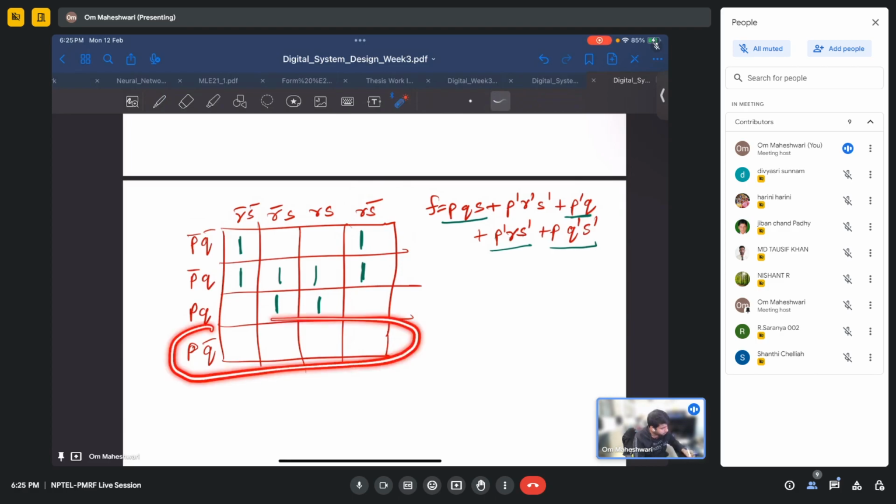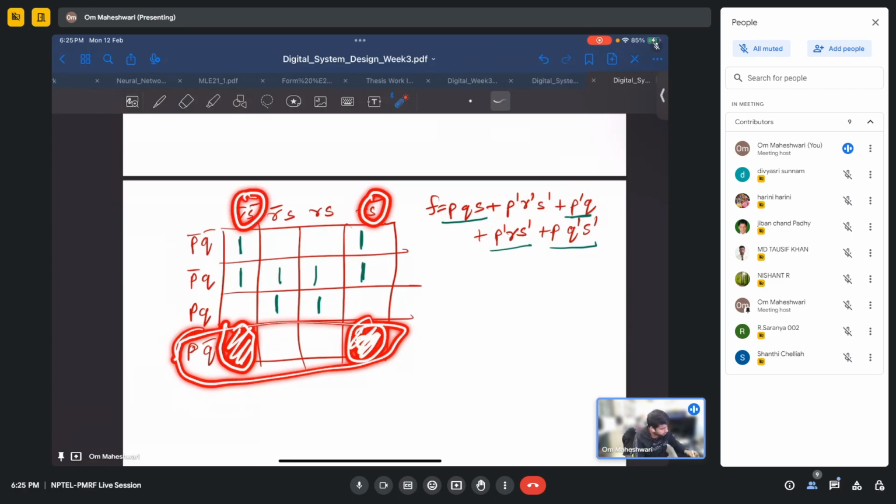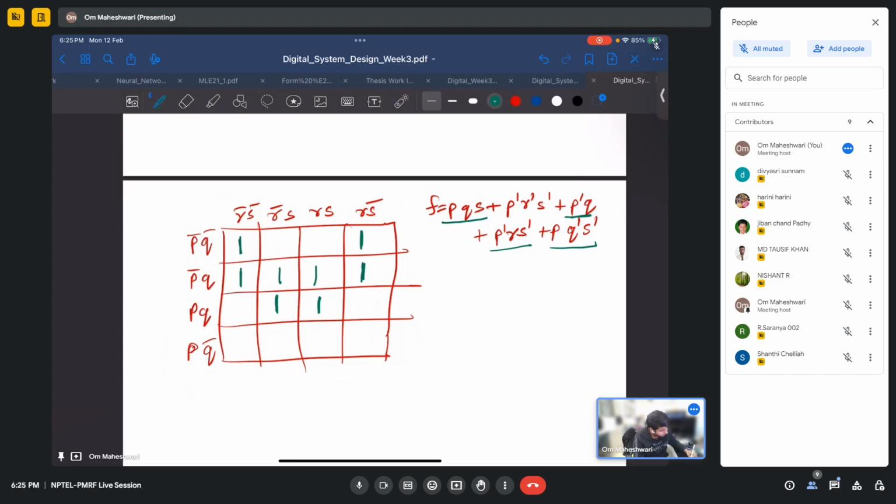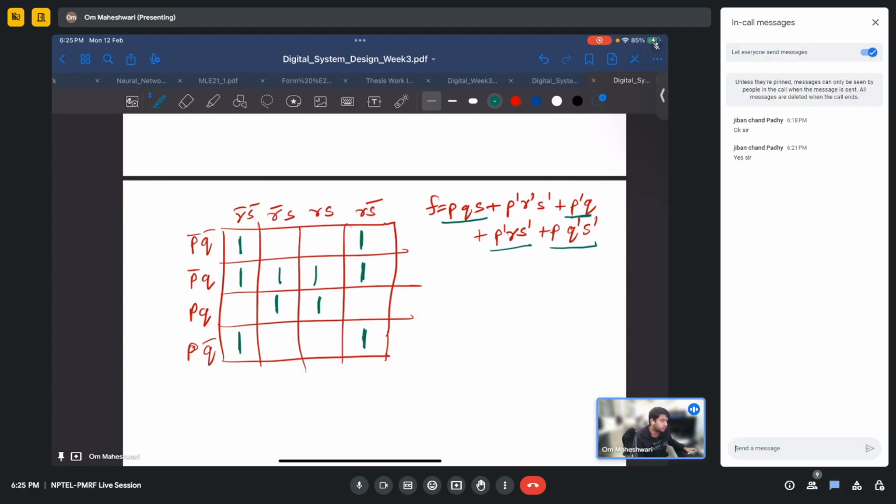P Q bar is this row and S bar is this and this. Here we have S bar and here we have S bar. So these two will have 1. I hope this is clear how I have filled the numbers. If not, please ask.